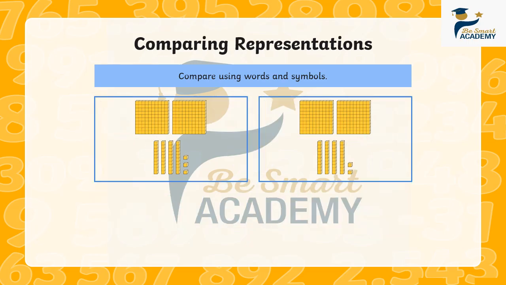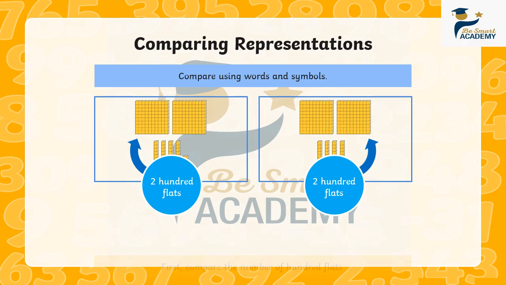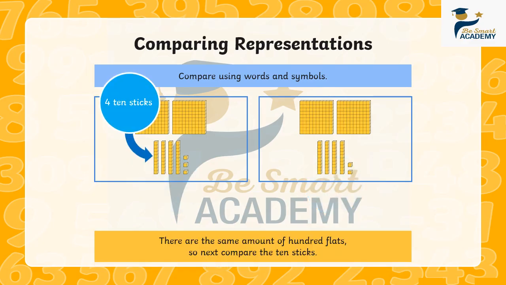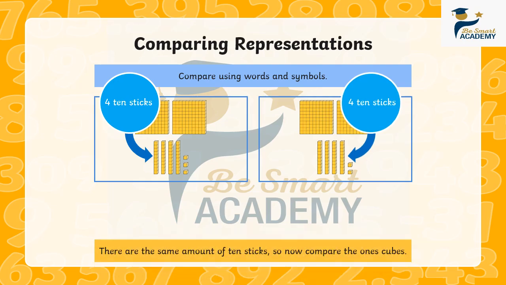Another example, let's compare these two. We have two flats of 100 and here as well I have 200 flats. Let's jump down to the tens. Here I have 4 ten sticks and there I have 4 ten sticks as well. Let's now move to the ones.